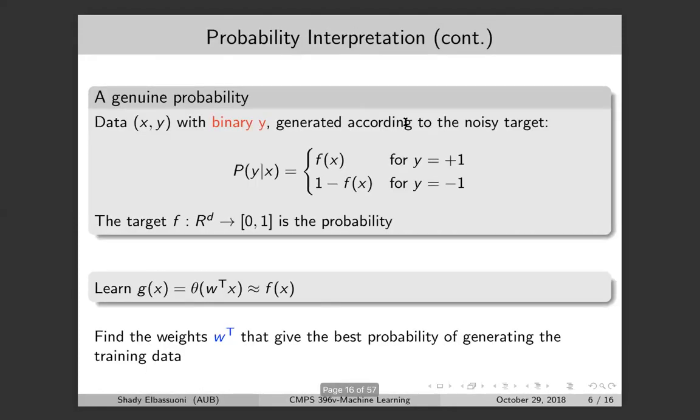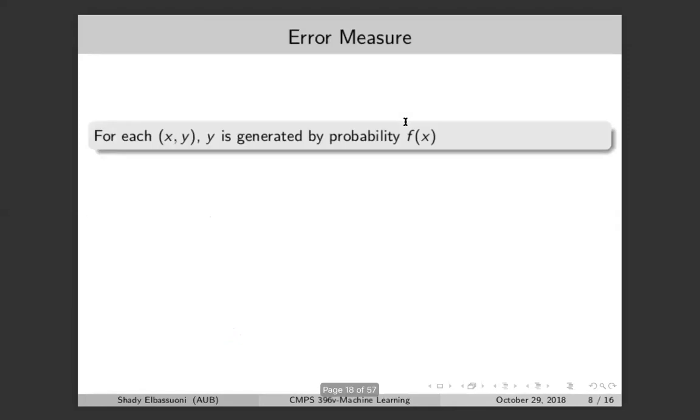So the error measure. As we said, for each point x, y is generated by probability f of x, meaning that what made this become +1 or -1 is dictated by the probability function f of x, which is unknown to us, but we want to estimate it from the training data.